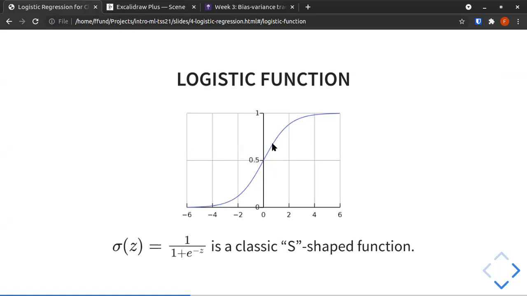Right? So here we would say that the probability of this point belonging to the positive class is still greater than 50%, but we're not as confident about the points close to the hyperplane as we are for the points far from the hyperplane.